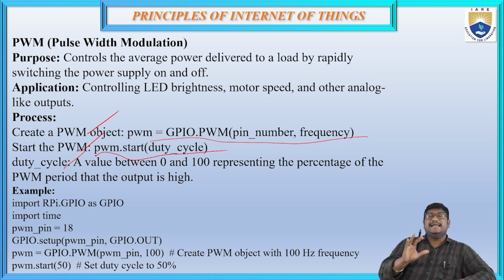Now I will show you an example in the Python programming language for this pulse width modulation. I will specify the duty cycle also, and I will show where exactly I specified it in the same slide.